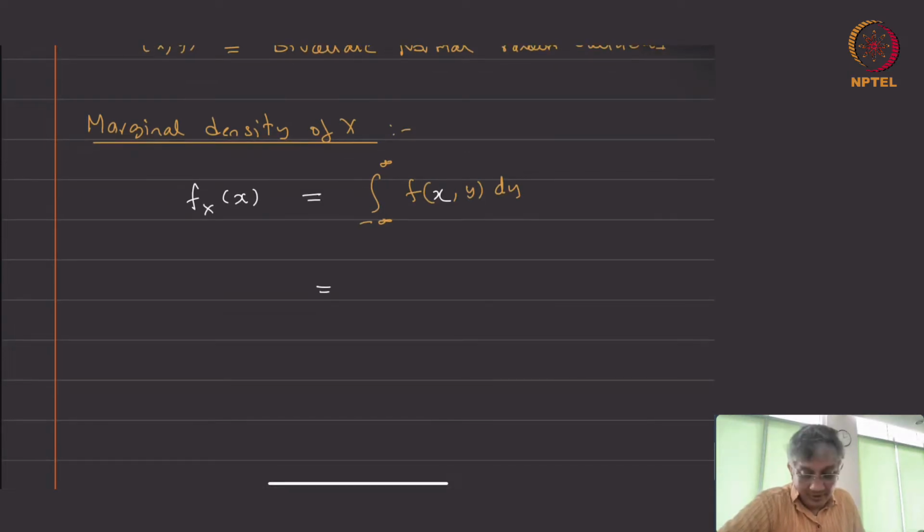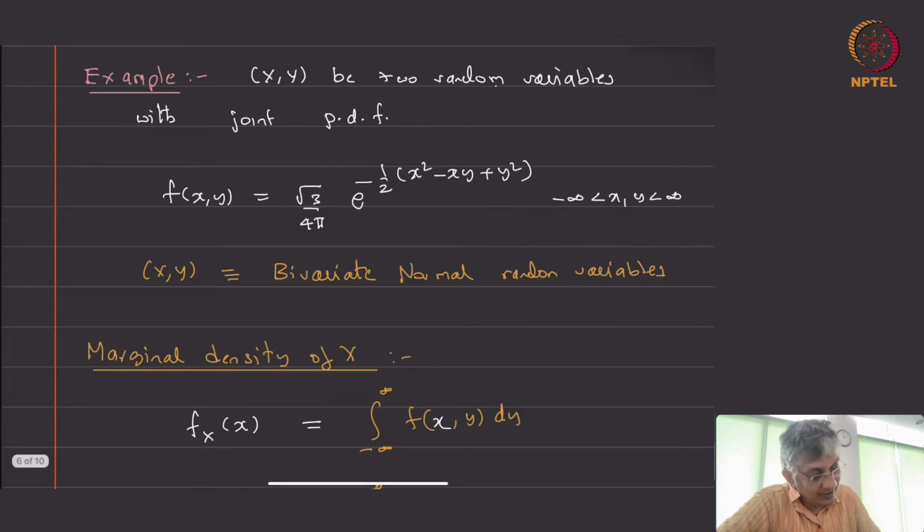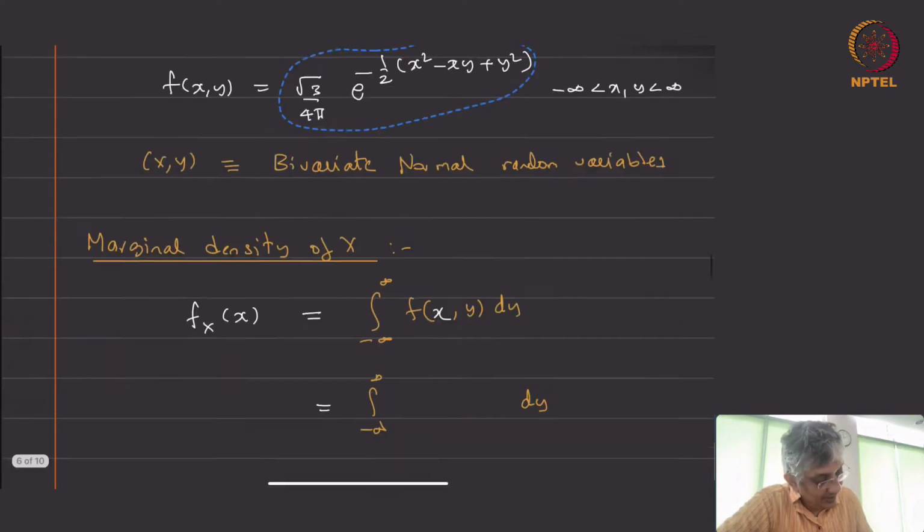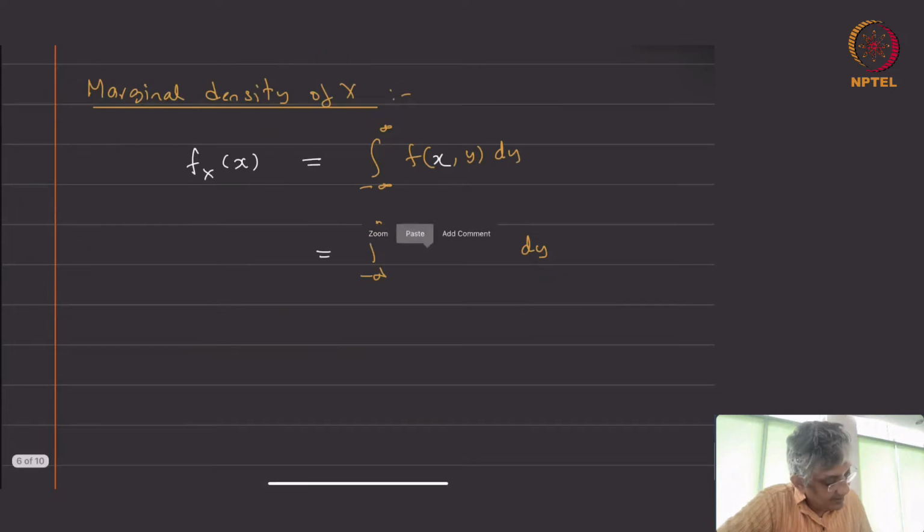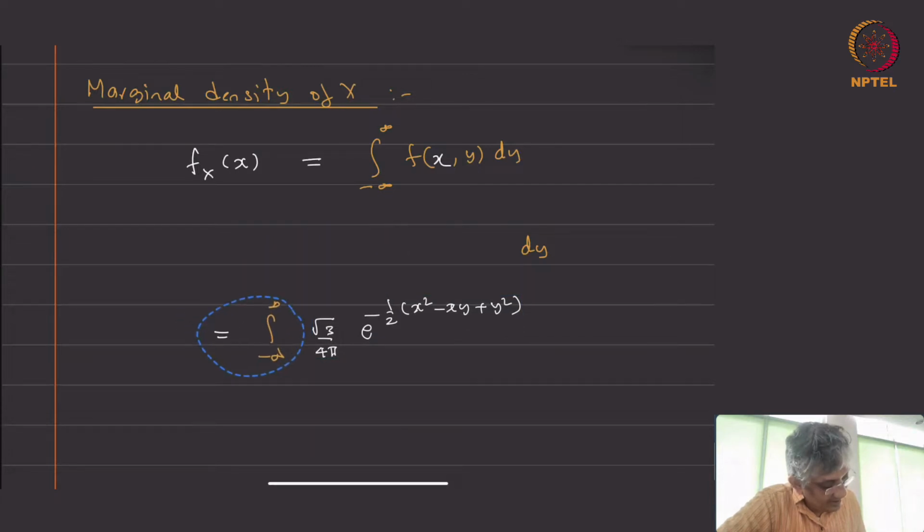And what is that going to be equal to now? That's going to be equal to the integral from minus infinity to infinity dy of the density function. Let me copy and paste the density function here.